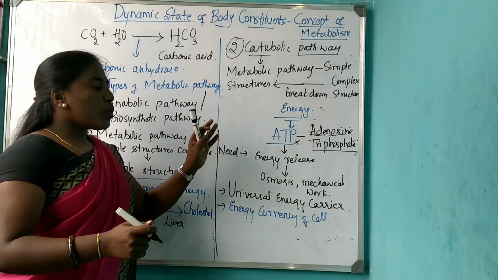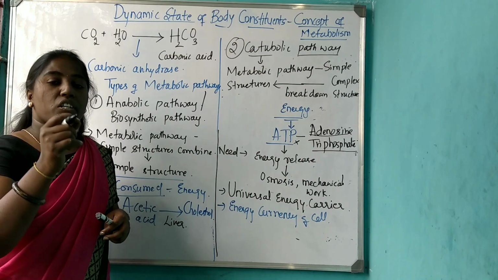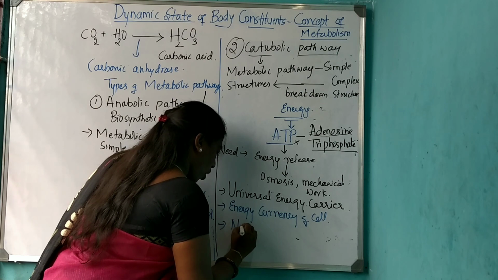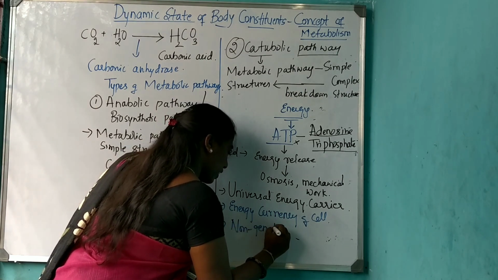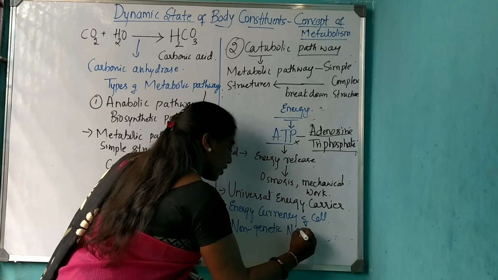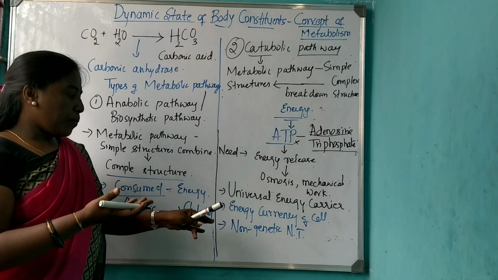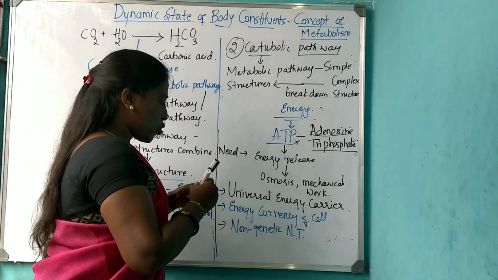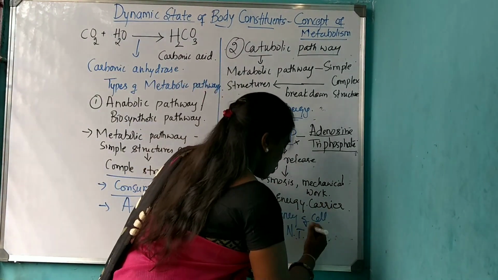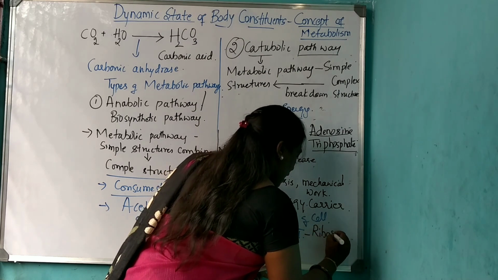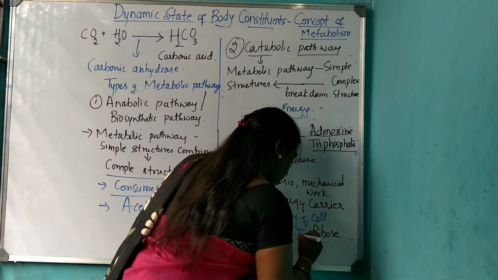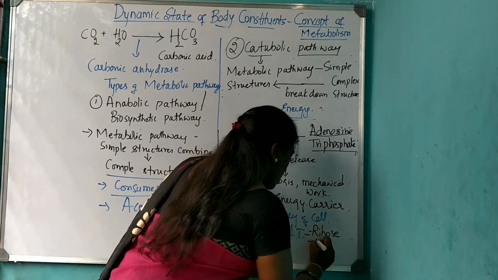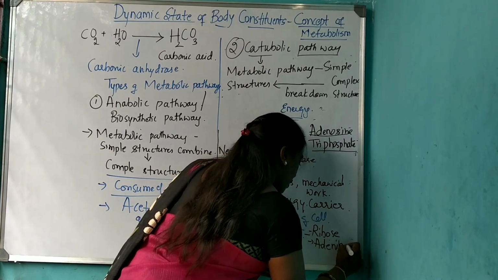Adenosine triphosphate is a non-genetic nucleotide. As it is a nucleotide, it is made up of one pentose sugar, which here is ribose, and the nitrogenous base adenine.